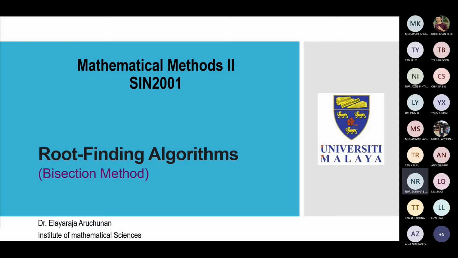So we're going to study several algorithms which we use in order to determine the roots of nonlinear equations. Okay, the arrangement of the methods I list down is from low order to high order. The bisection method we're going to discuss today is considered our low order scheme, which we use in order to determine the roots.